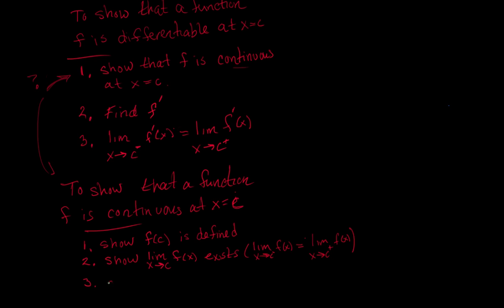Said another way, we need to show that the limit as x goes to c of f of x is equal to f evaluated at c. If these 3 conditions are satisfied, we can say that the function is continuous at x equals c.